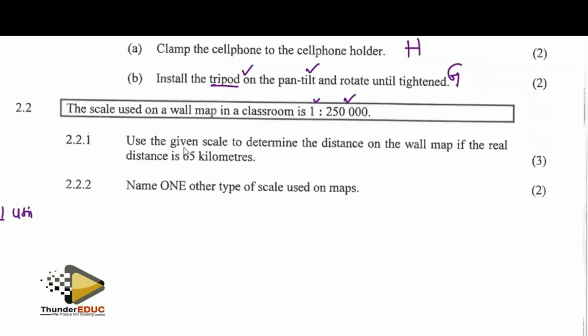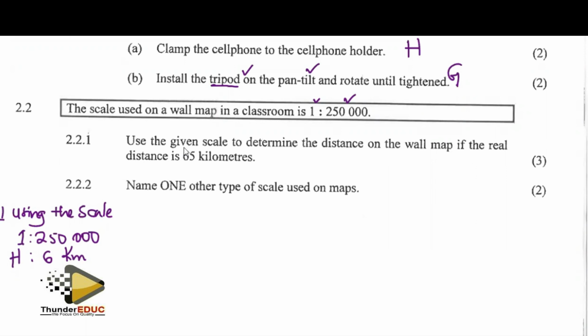We are using the scale, which is 1 to 250,000. On paper, we don't know how much it is, so let's call it H. Then in real life, it's 65 kilometers.